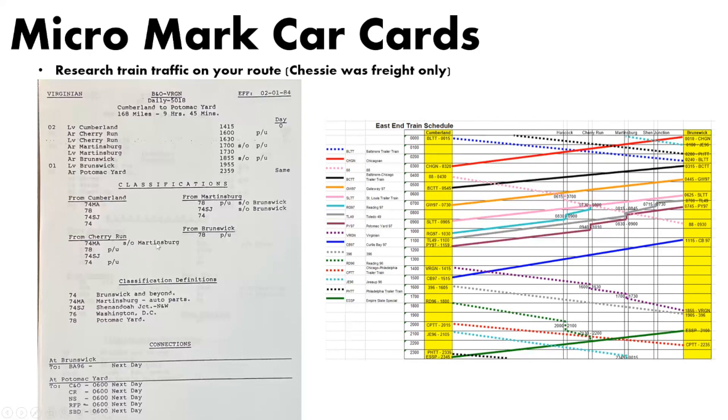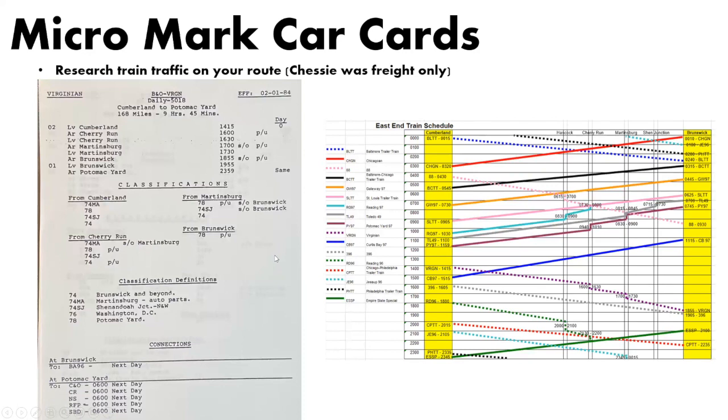So the train gets shorter with the Martinsburg car, but it adds length with the other two blocks that it picks up. It does the same thing at Martinsburg and at Brunswick, and then continues to its termination. Now, at the bottom, it tells you at Potomac Yard all of its connections. So these are the sort of home roads or beyond that would be going to the Potomac Yard.